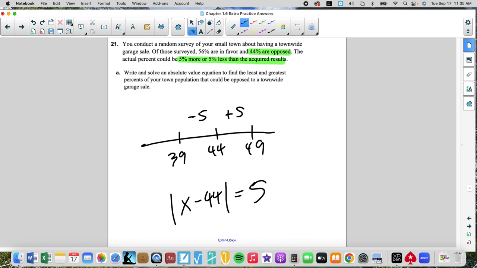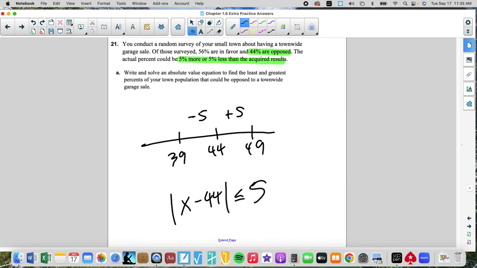If we plug in 49%, that's within 5%. What if I plugged in 50? I get 6, and 6 is not equal to 5. Technically, again, it needs to be less than or equal to.